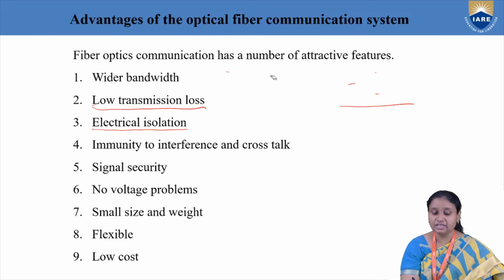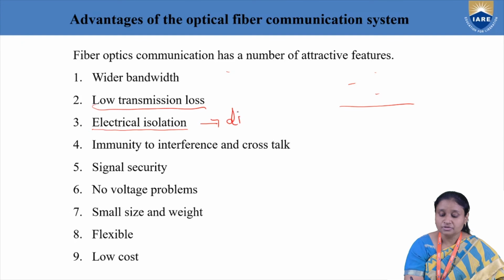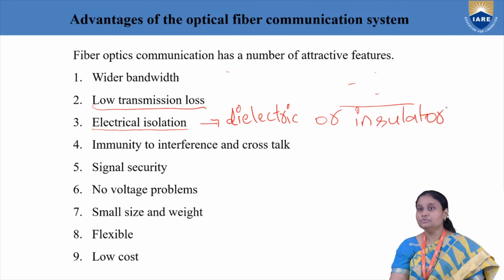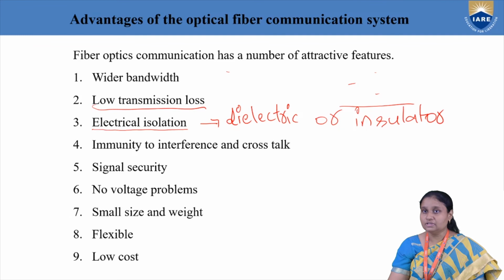Fiber material is generally a dielectric material. So the medium that we use in order to send signals is a dielectric medium, or an insulator. Okay, so what will happen when we are using such insulators? Then this fiber material will not pick up any signals that are coming.